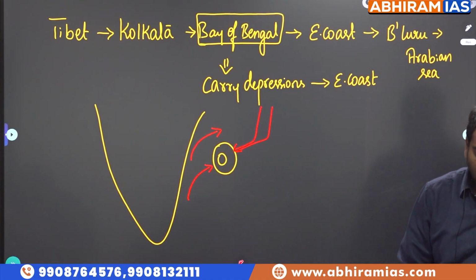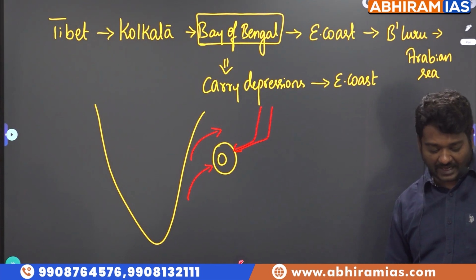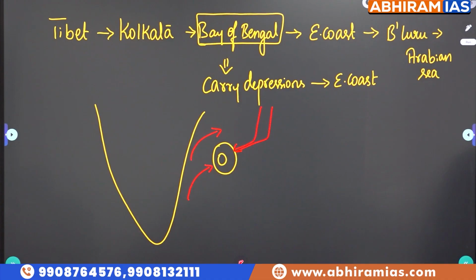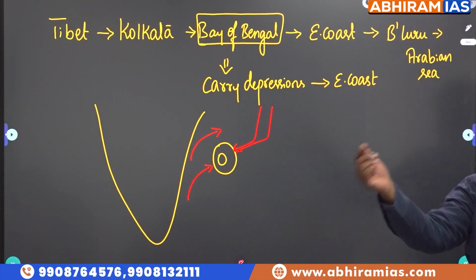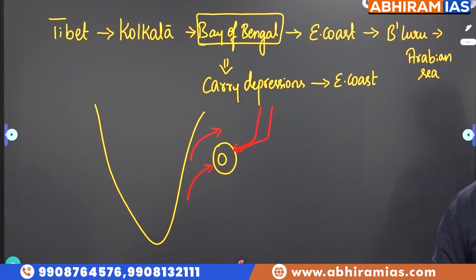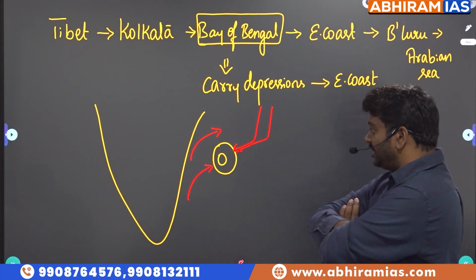They follow Kolkata to Bangalore axis. When they blow over Bay of Bengal, they will push depressions towards East Coast.